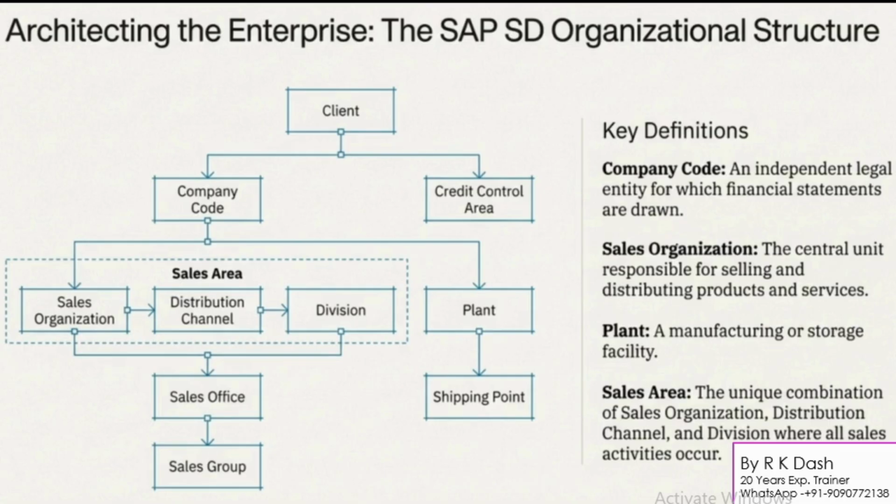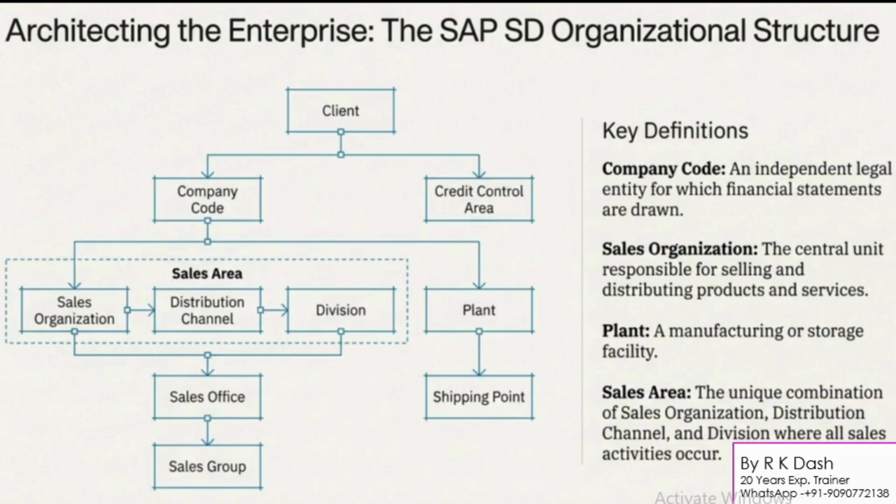And division is nothing but your product type, what type of products. Here we have taken plates, so the product type is steel. Sales area is the unique combination of sales organization, distribution channel and division, where all sales activities occur.